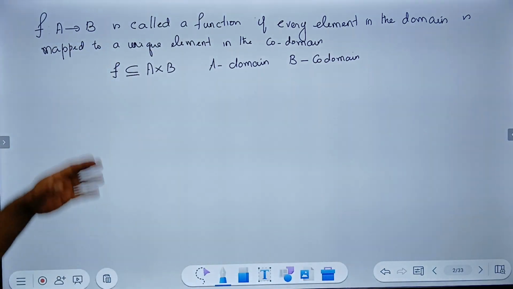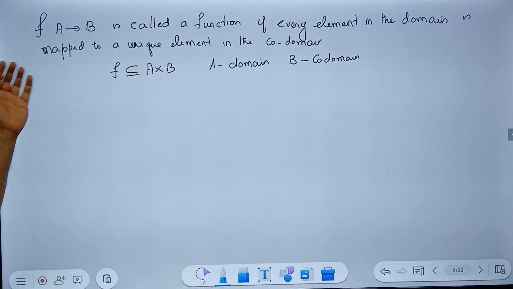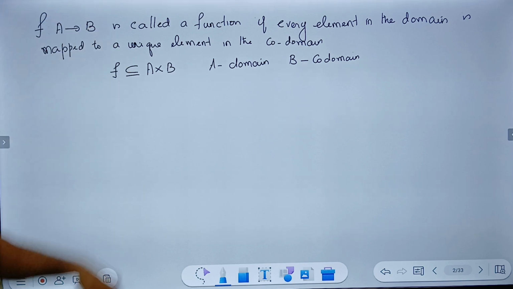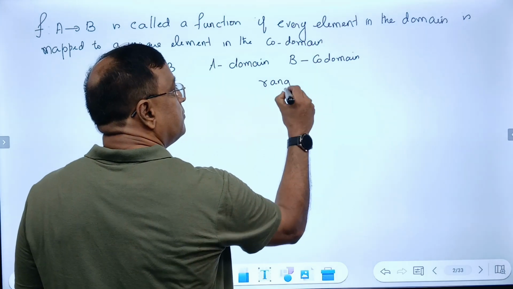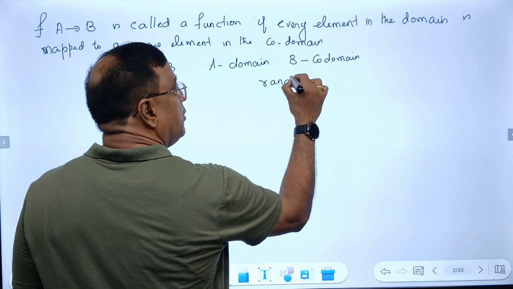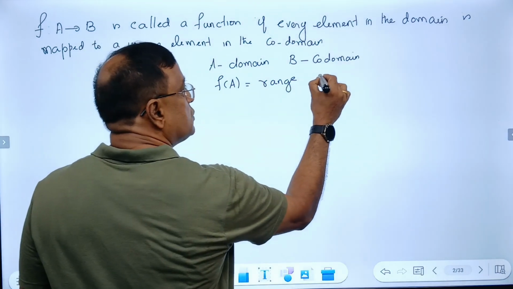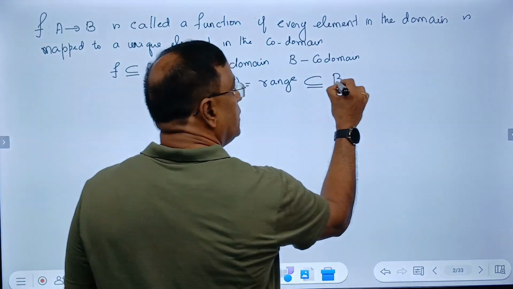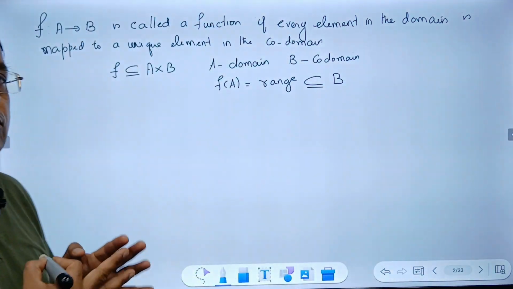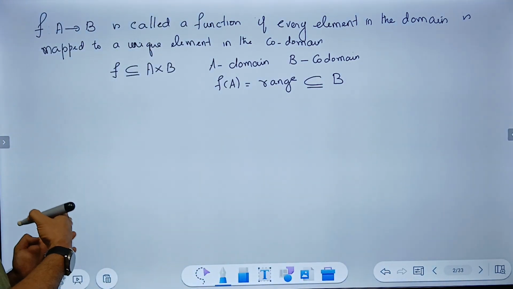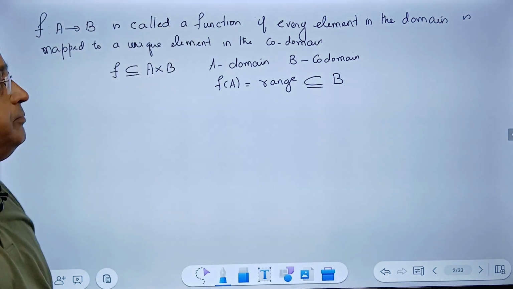The values that F takes from A to B are called the range. I call it F of A. F of A is the range, which is always a subset of B. A range is always a subset of the codomain. So my range is in B.